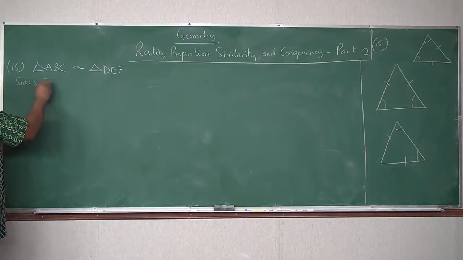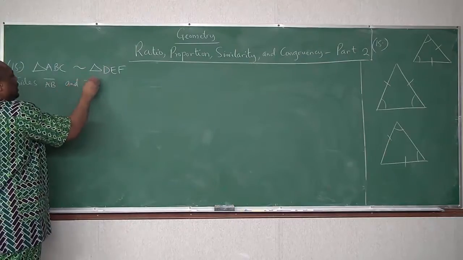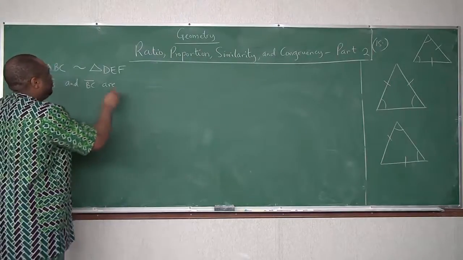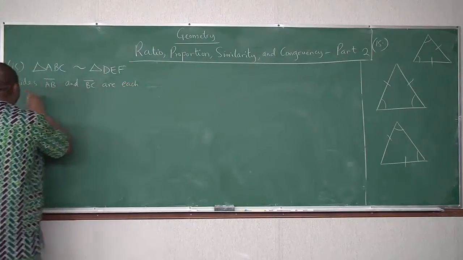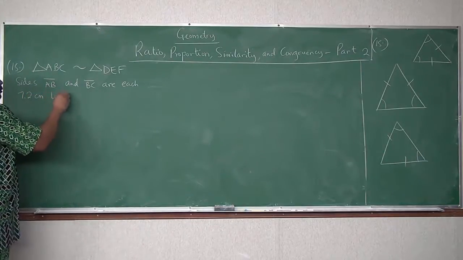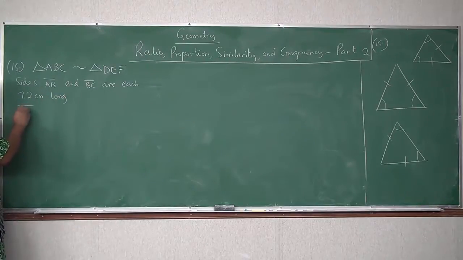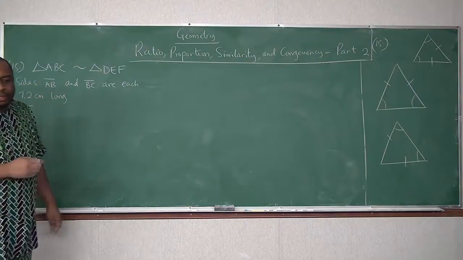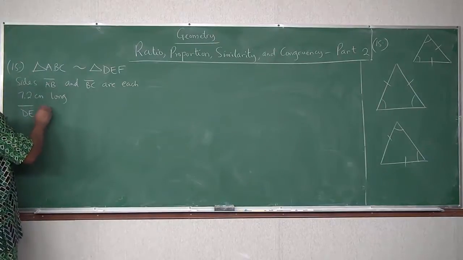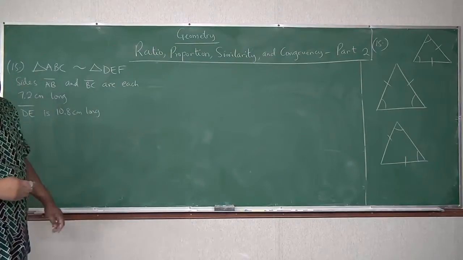Sides AB and BC are each 7.2 cm long. Then line segment DE, which is also a side, is 10.8 centimeters long.